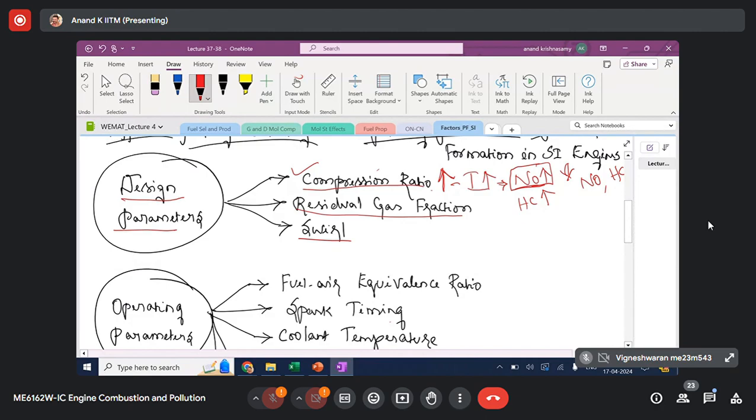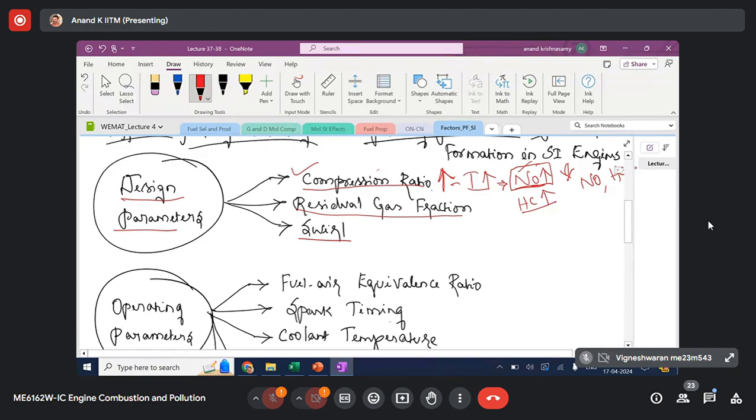Likewise, you need to recollect the formation mechanisms of the other pollutant species, so that we can better understand the effect of these variables on these 3 pollutants. An increase in compression ratio will increase temperature, and because of that there will be a rise in NO levels in the spark ignited engine. Not only that, the higher the compression ratio, the higher the unburned hydrocarbon emission, the mechanism we have already discussed.